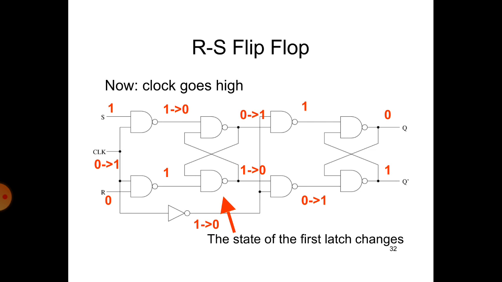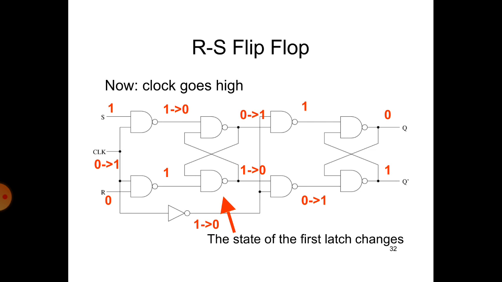So the next part of the latch, we have 4 NAND gates. So 1 0 combination. So 0 0, 0 1, 1 0, 1 1, 1 0 combination. So the S will be 1 means Q will be 1. Next is R will be 0 means Q bar will be 0.